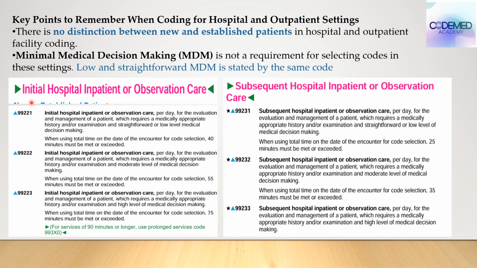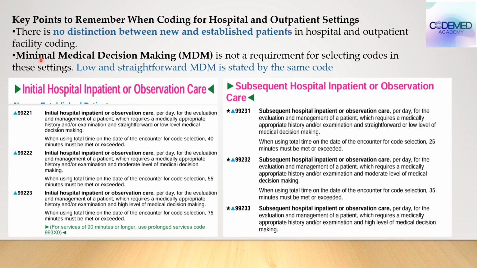So this is the initial hospital inpatient or observation care. The codes are 99221, 222 and 223. While these are the subsequent hospital inpatient observation care. Now, there are two important key points to remember: when coding for the hospital inpatient and outpatient setting, there is no distinction between the new and established patient in hospital and outpatient facility coding.